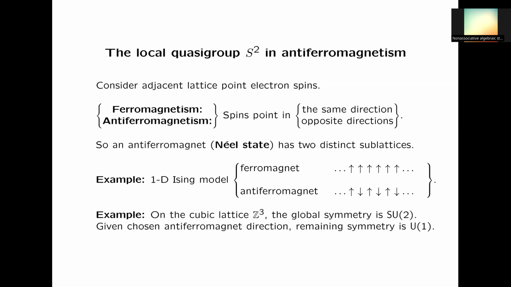If you choose a single direction for the antiferromagnet, that breaks the symmetry, and then the remaining symmetry is U(1), and they're the local quasigroup. It's SU2 quotient U(1), so it's S2, the sphere, and we know that can't sustain a global quasigroup structure, but we have a local quasigroup structure. Okay, so there's a bunch of examples of symmetry breaking for you.